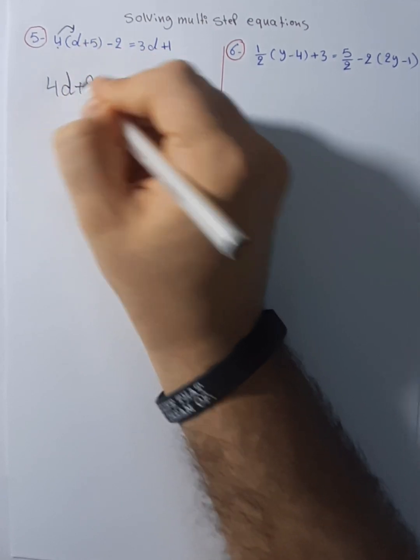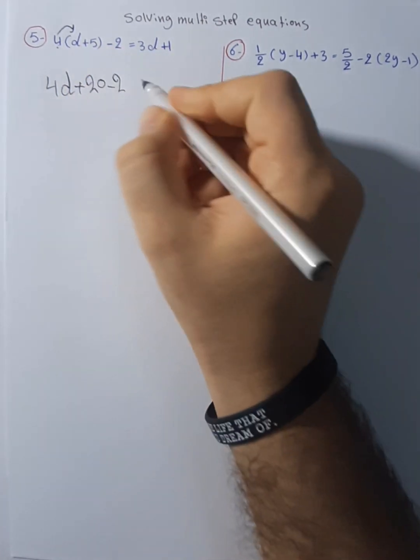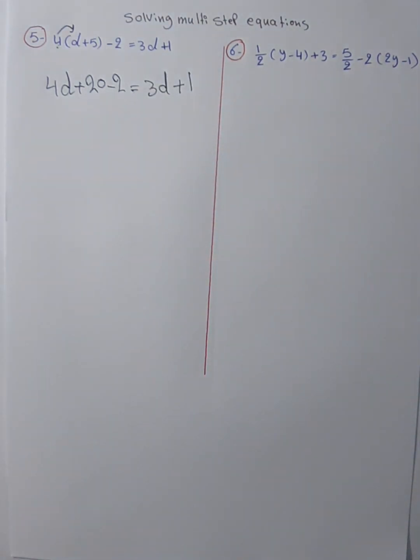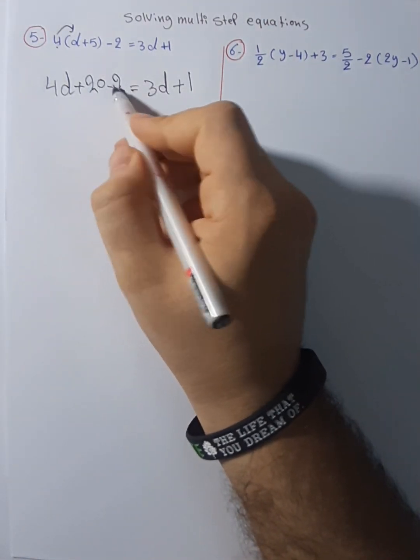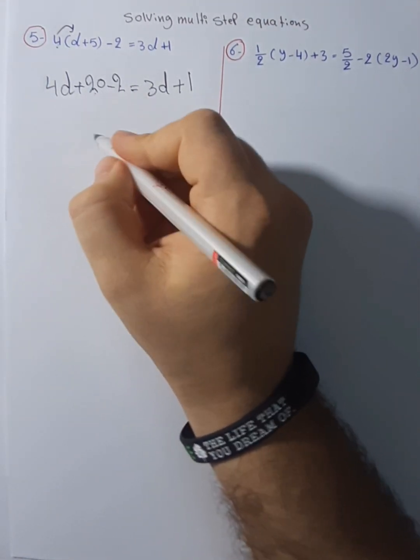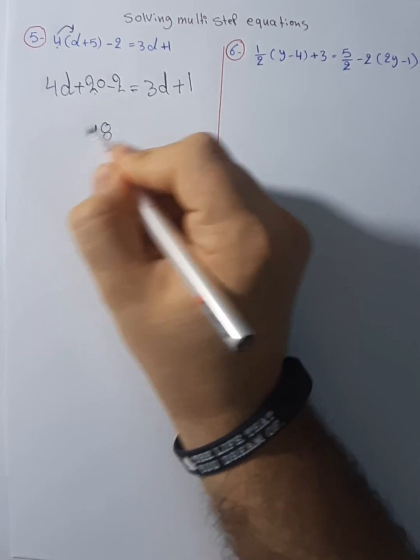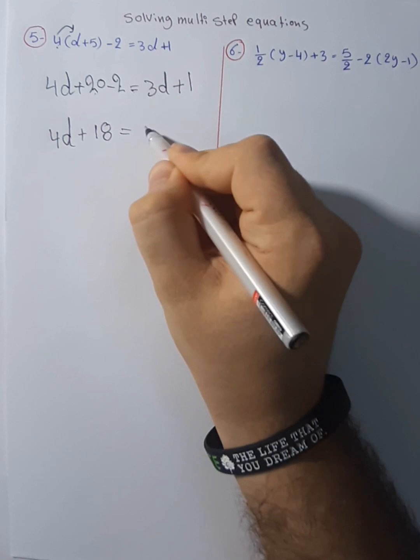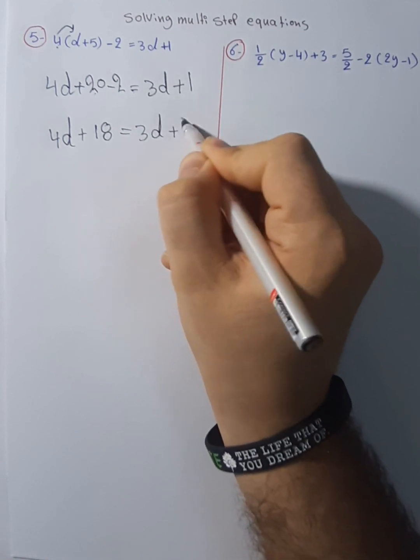And then we have to write plus minus 2 equal to 3d plus 1. After that, these are like terms. 20 minus 2 equal to 18, plus 4d equal to 3d plus 1.